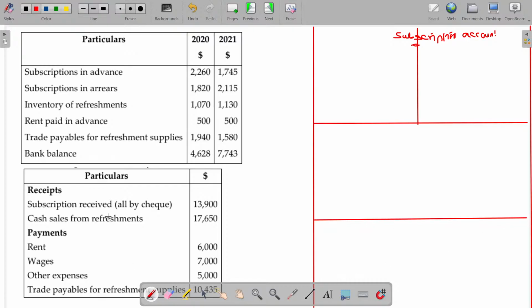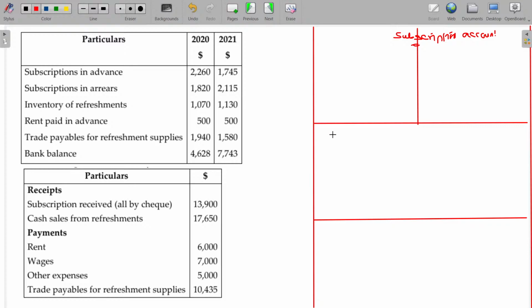One is the income statement, to find out the income from the cafe, and the other is the current assets section in your statement of financial position.